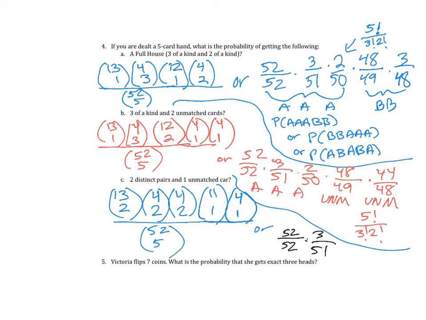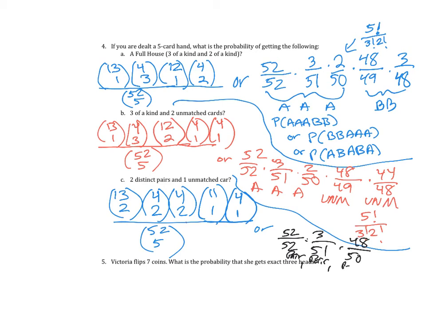We'll say that's pair 1. And then now I have 50 cards left, and I can choose any card that's not matching the first 2, so that means there's 48 cards left that I can choose from.